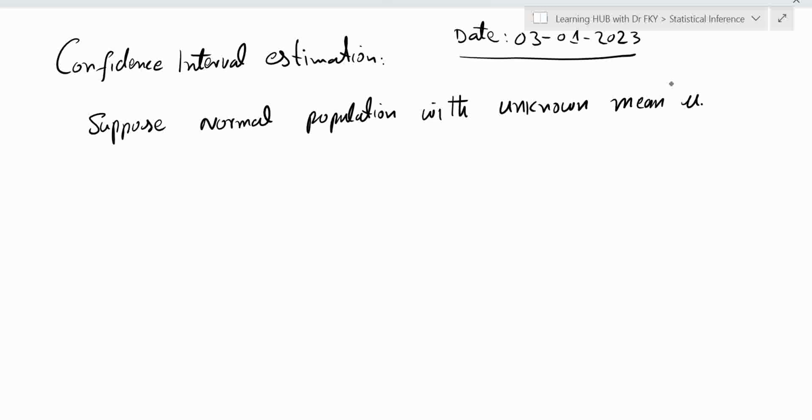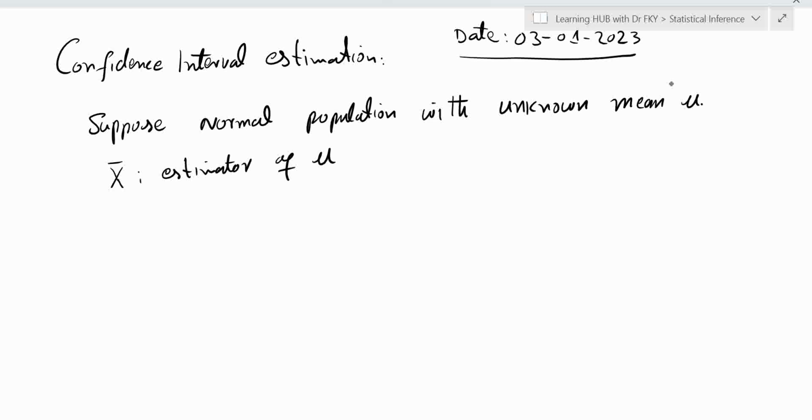Then we need to estimate this from sample data, and from sample data we can calculate x bar, the estimator of mu. So this is only a single value from a sample.